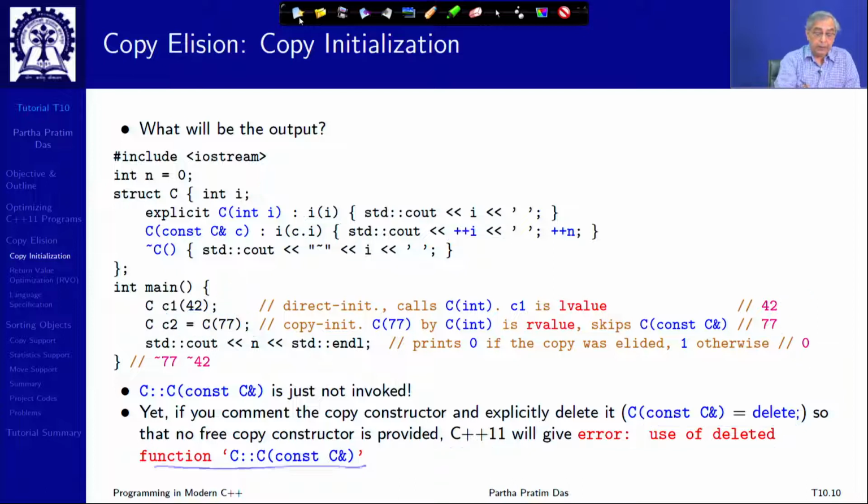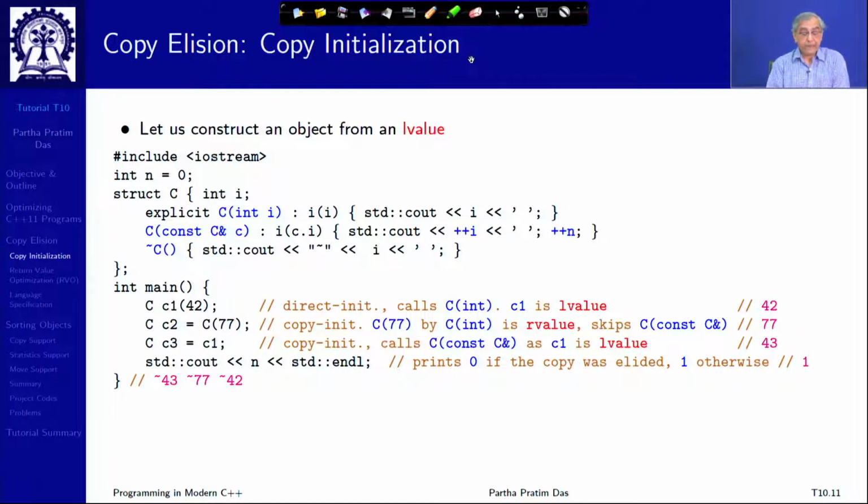And now, to understand why this is happening, you have to note that C77 is an R value, because it is a temporary object which you have no control to hold on to. Understanding that, let us change this code slightly to construct an object from an L value.